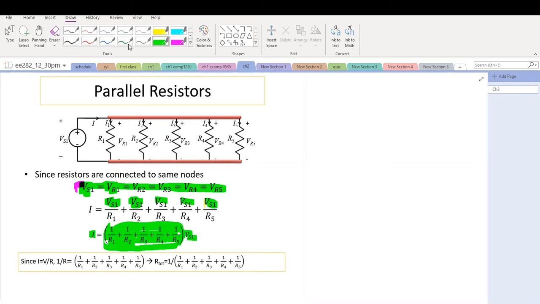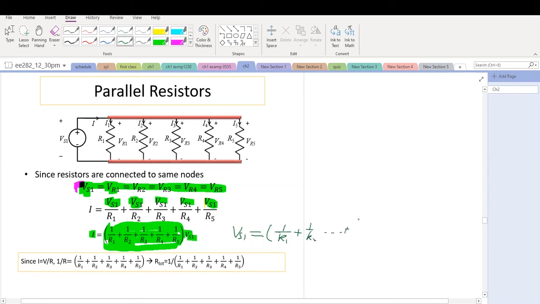So in other words, Vs1 equals (1/R1 + 1/R2 + ... + 1/R5) to the power of minus 1, multiplied by I. This big quantity we move to the other side of the equation, so that's the inverse here.